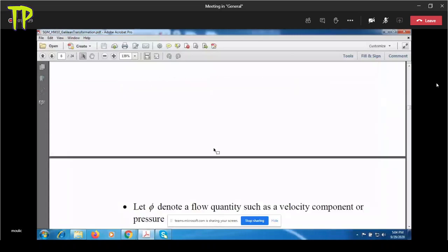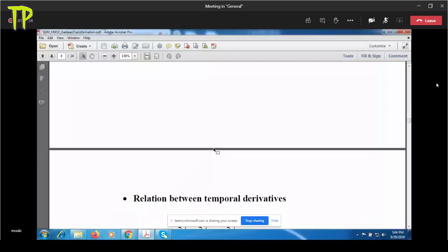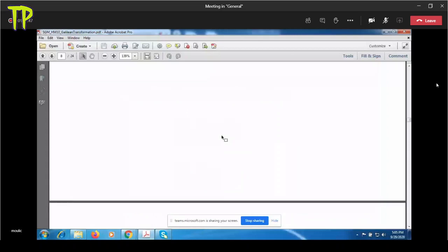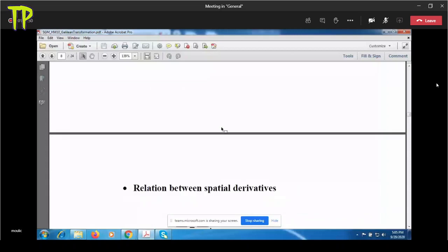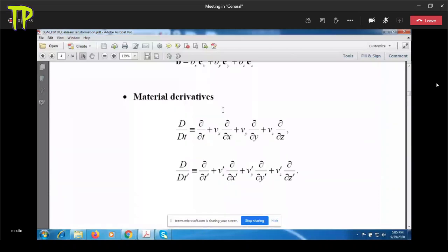So if you use the chain rule, then you will have del del t is del del t prime minus u del del x prime. But then if I combine this term with this term, so if I write del del t, it is del del t prime minus u del del x prime. So Vx minus u will be Vx prime.